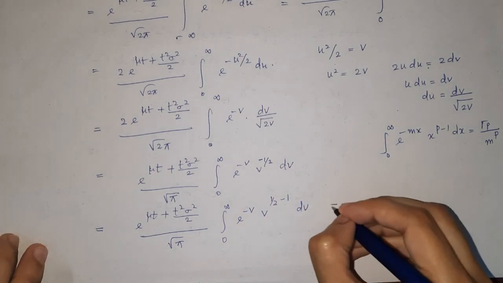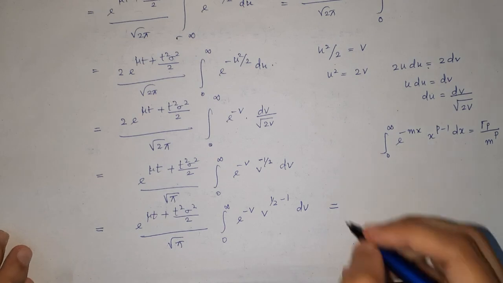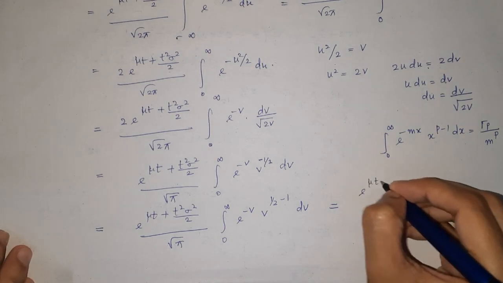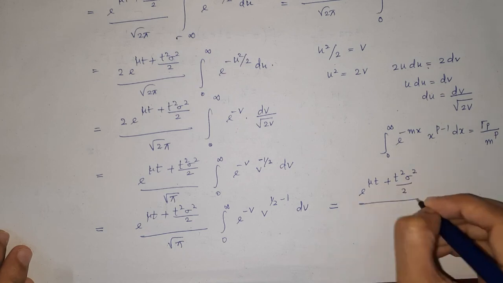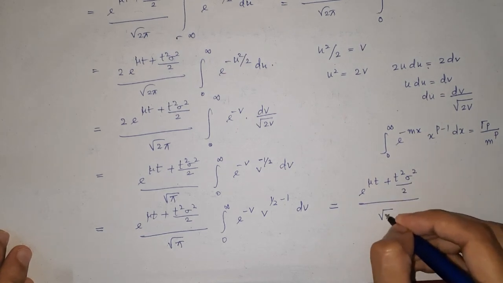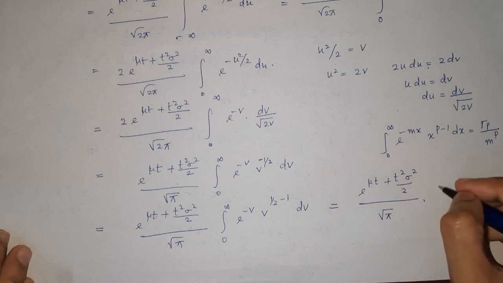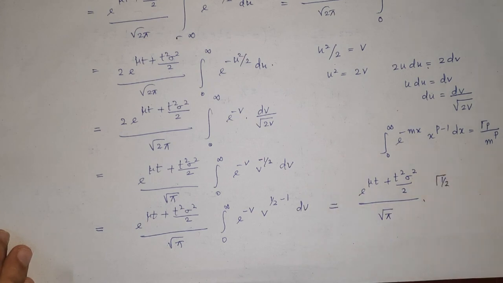So this is equal to e raised to mu t plus t square sigma square divided by 2, divided by root pi, into gamma 1 by 2.